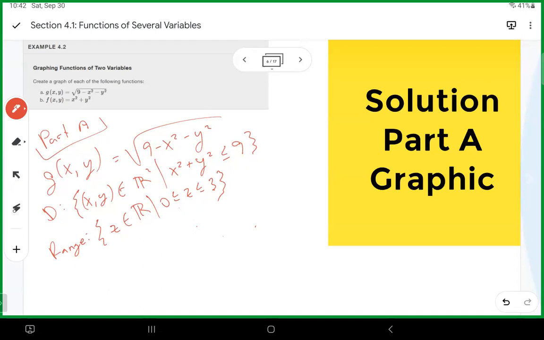When x squared plus y squared equals 0, then g of x, y equals 3. This is the origin in the xy plane. If x squared plus y squared is equal to any value in between 0 and 9, then g of x, y equals some other constant between 0 and 3. The surface described by this function is a hemisphere centered at the origin with radius 3.